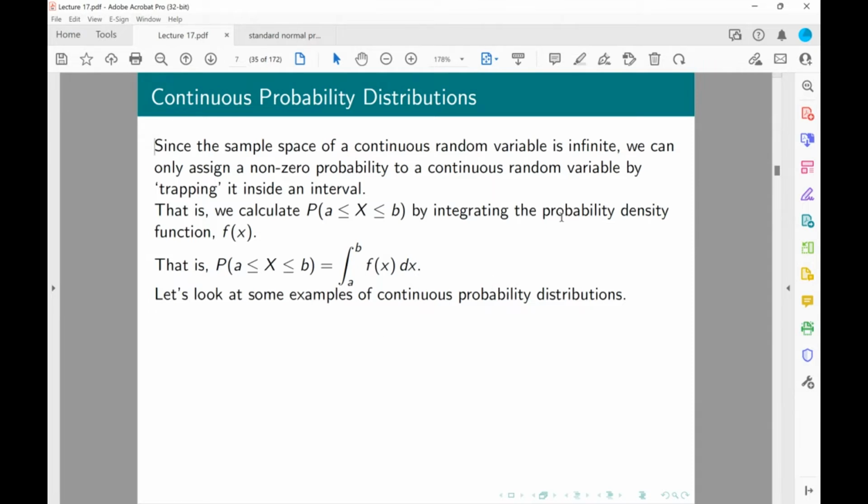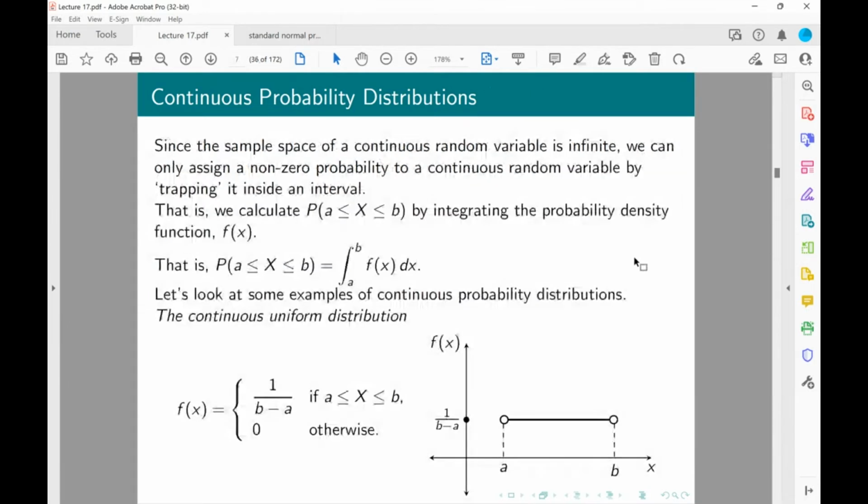Some useful examples are the continuous version of the uniform distribution. It's the same sort of idea. Before we had to divide by the total number of scores, which was 6, as a countable number. Here we just divide by the range.